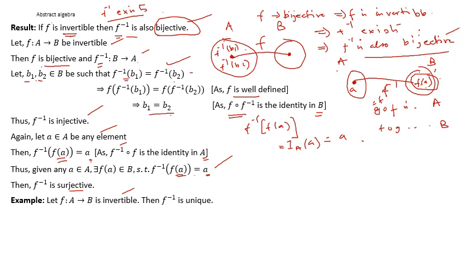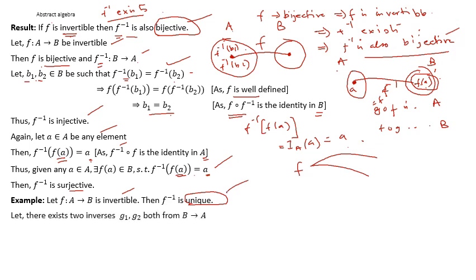Now we will show that this f inverse is unique, that is, given any bijective map f, because that is when the f inverse exists, we will not get two inverses of f; the inverse map will be unique. Assume this is not true, so we assume two maps, g1 and g2, both from B to A.